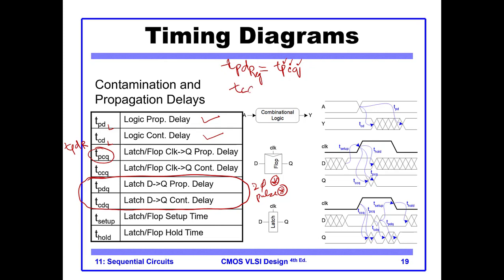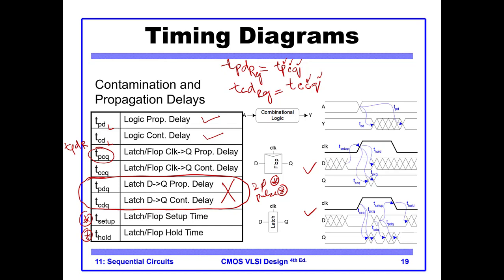Similarly, TCD R here is called TCCQ, contamination delay from clock to Q. I am leaving out these two because we are not going to study the pulsed and two-phase designs in detail. We already discussed the setup time and hold time, and there is no change in the symbols for these.